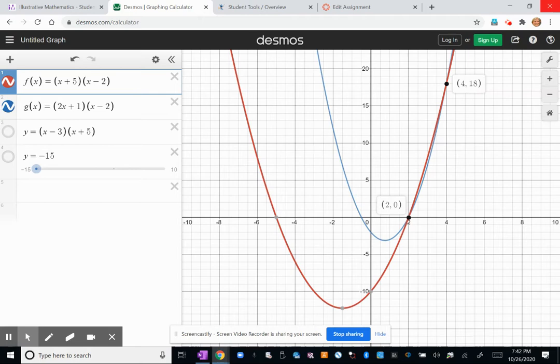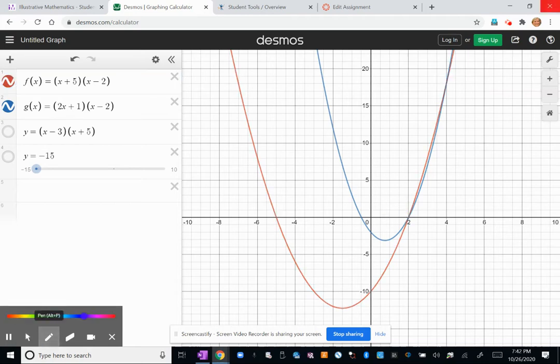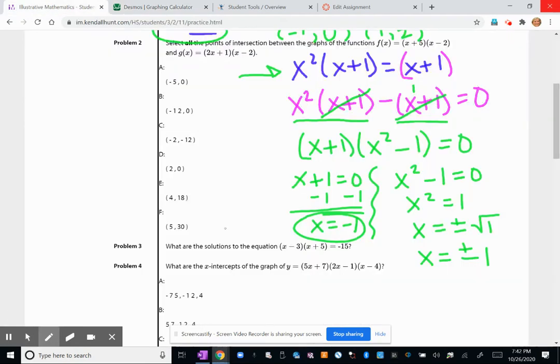So for number 2, the solutions are 2, 0, and 4, 18. As long as you put these equations into Desmos correctly, you should not have a problem finding that answer. So for number 2, it was 2, 0, which is D, and 4, 18, which is E.